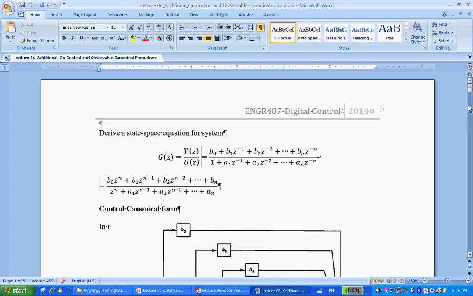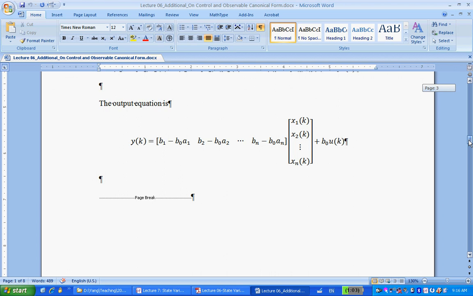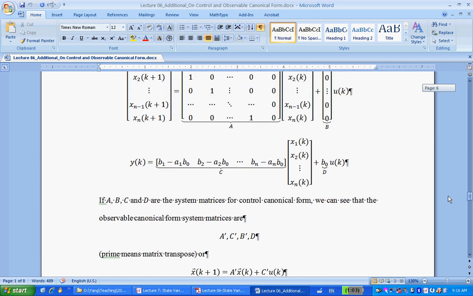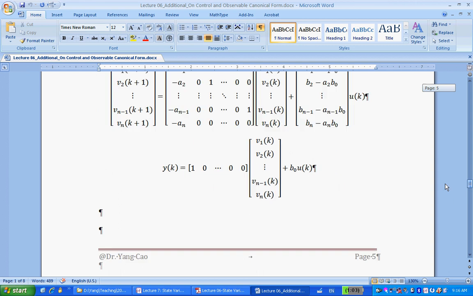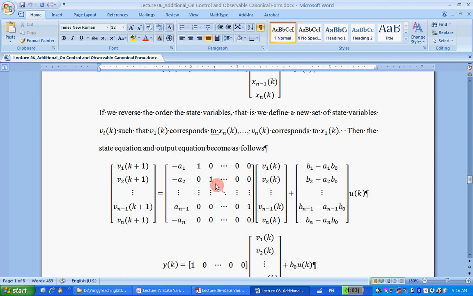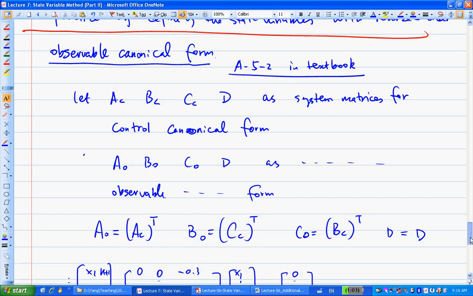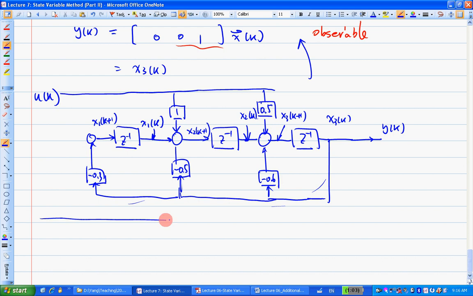In the future you can simply grab the results and fit into your format. The other observable one may look like this. It's the same idea. Basically, it depends on how you reverse the order of the states. So those are the two important formats that we're going to cover here.